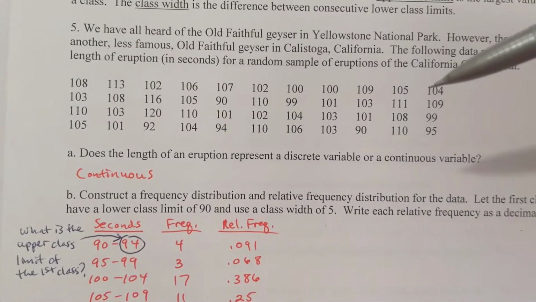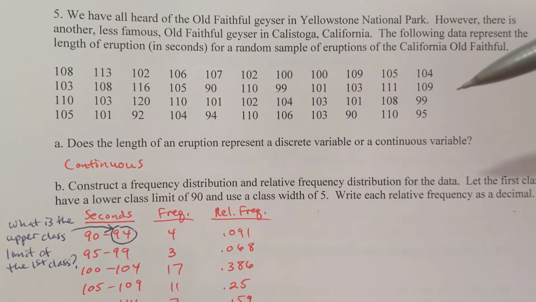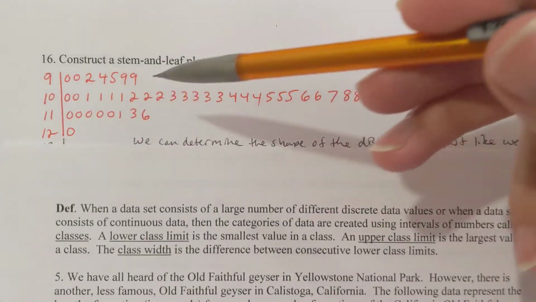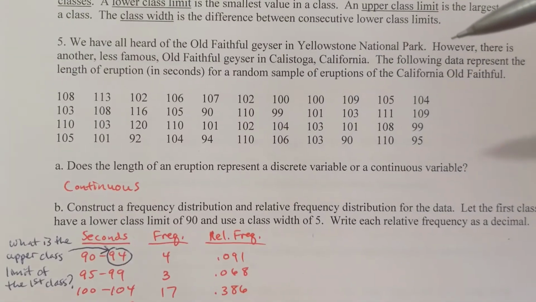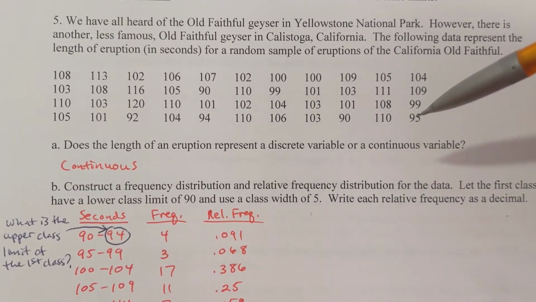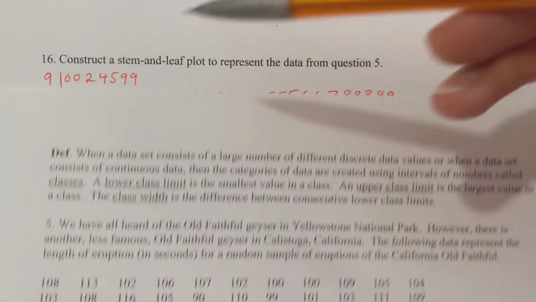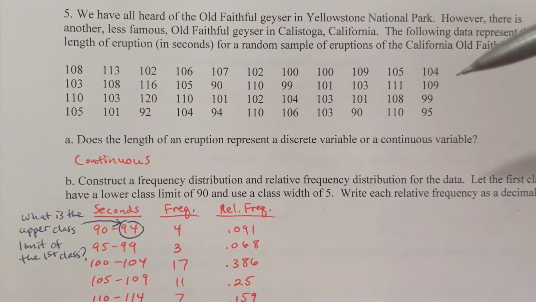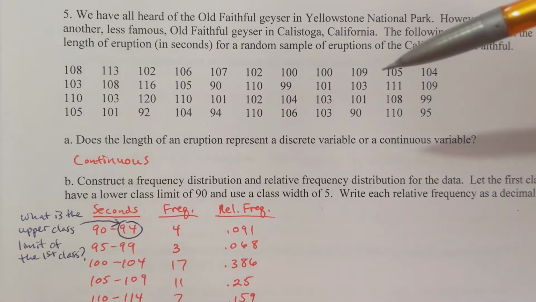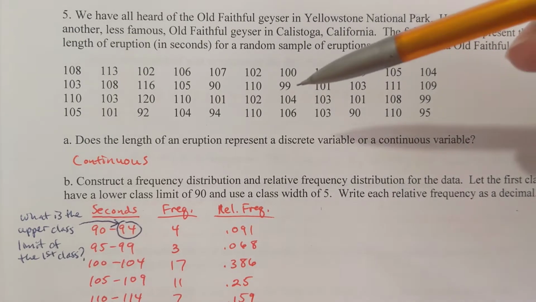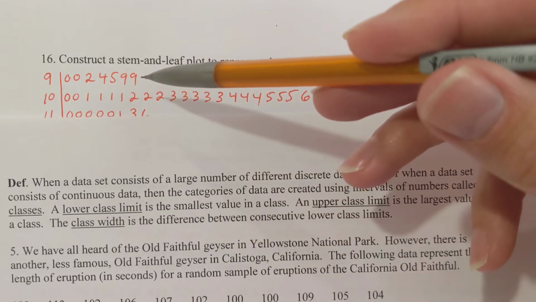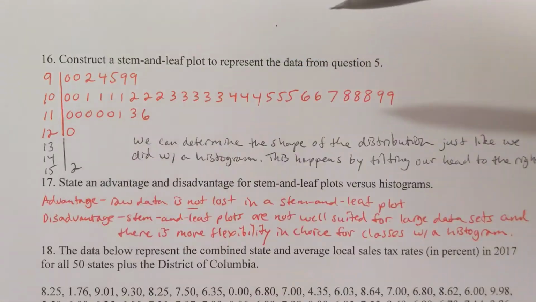I did not have any 93s, but there was a 94, so I write a 4. There was a 95, so I write a 5. I did not have any 96s, 97s, 98s, and there were 2 99s, so I put 2 9s there. The first row in my stem and leaf plot is done.